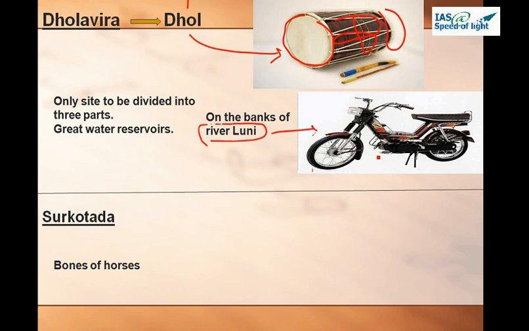So Luni becomes Luna for us, and the image which we established during the Indian geography mnemonics part was of Luna, and the information which we related was of camel, right? The ride with camel was much better than the ride with Luna. So river Luni, that time we attached it with Rajasthan, and now we have to attach it with Dhol as well.